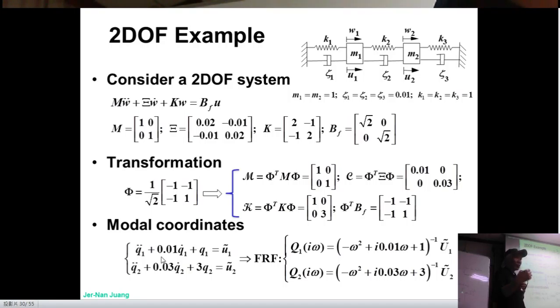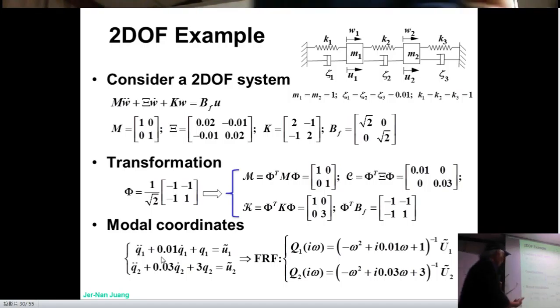Also, you can see better because you can see your frequencies here. Your first frequency is square root of 1, which is 1. Your second frequency is square root of 3. Your system frequencies are there. Your system damping is there too. This is my eigenvalue damping here.